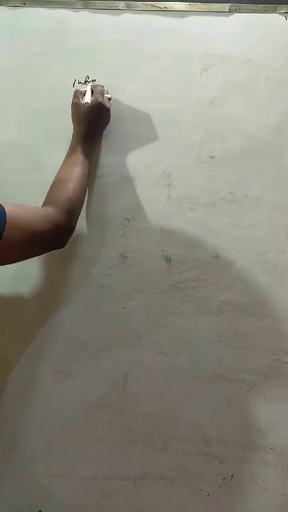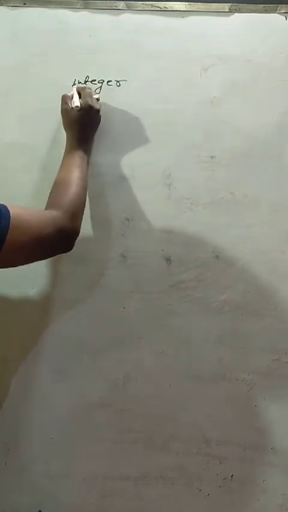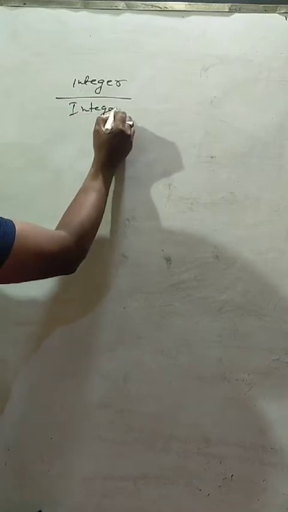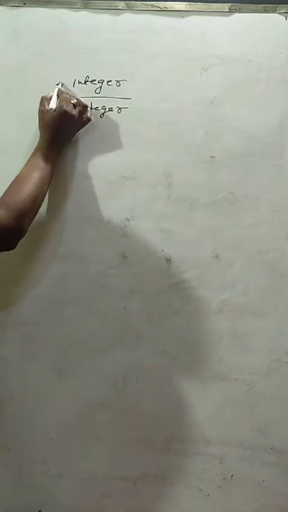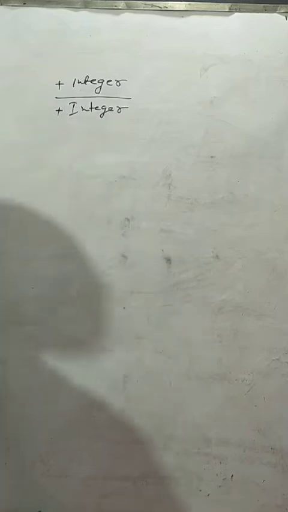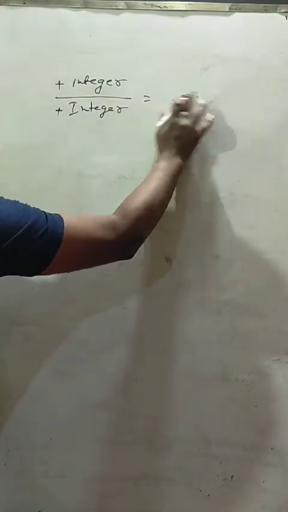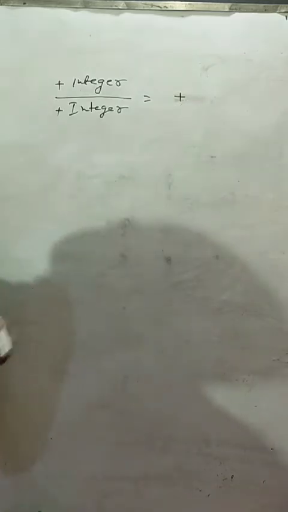Now, if we divide an integer by another integer of the same sign, suppose this is positive, this is positive, the result will be positive.